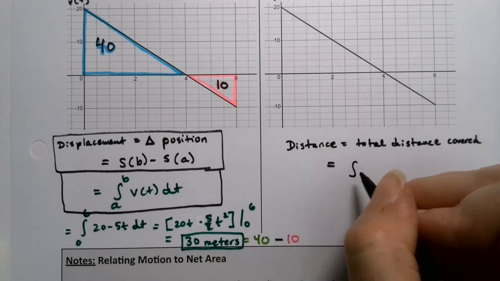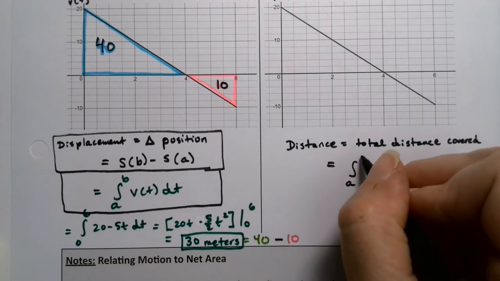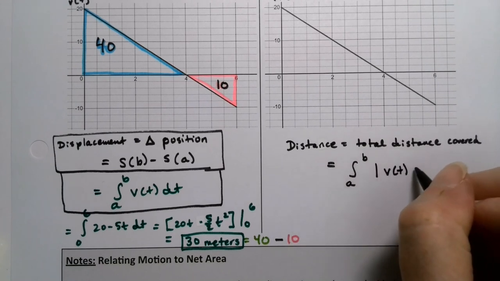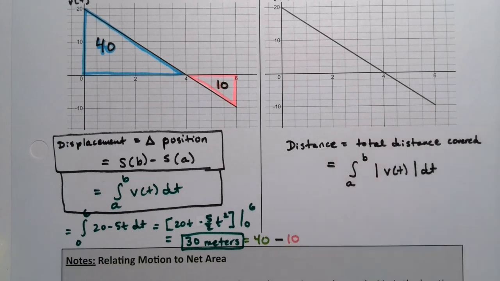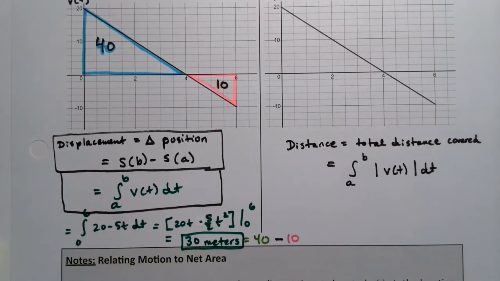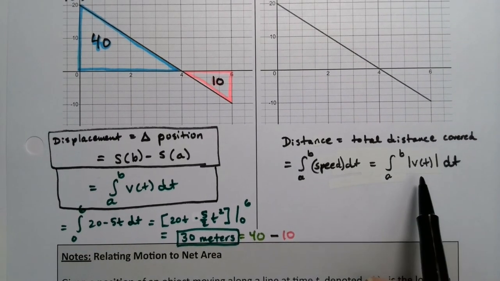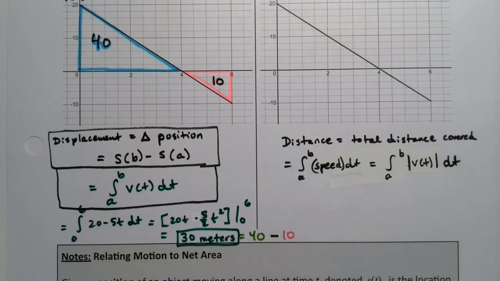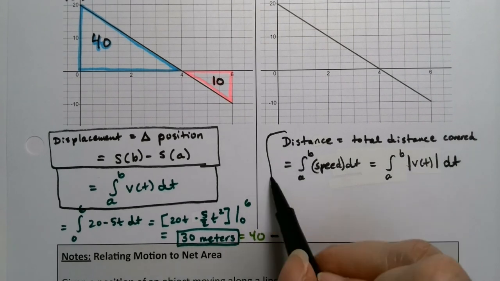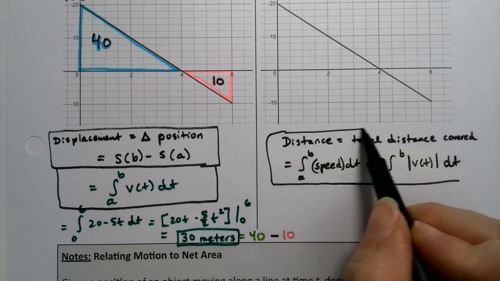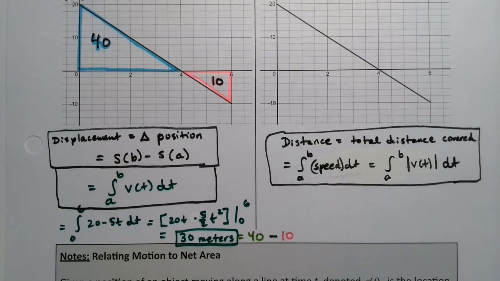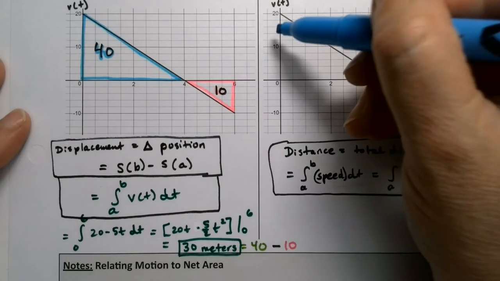It's the integral from A to B of speed. There, I rewrote it just so we could see it a little bit better. So speed, which is the absolute value of velocity, that is distance. So if we think about what we would do for this particular problem, we still have the 40 right here.